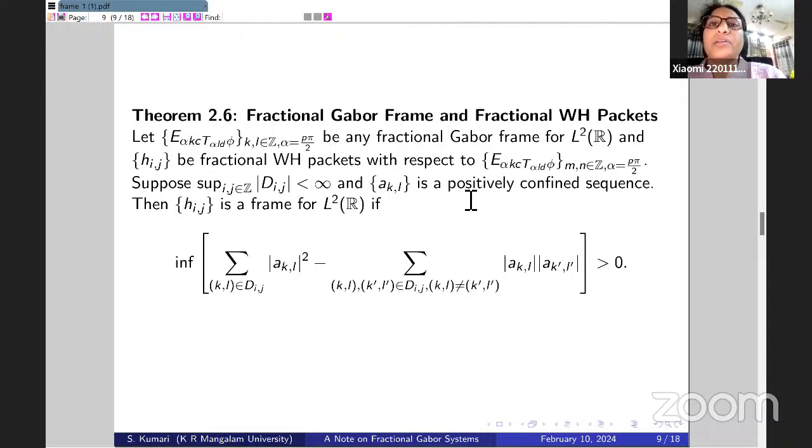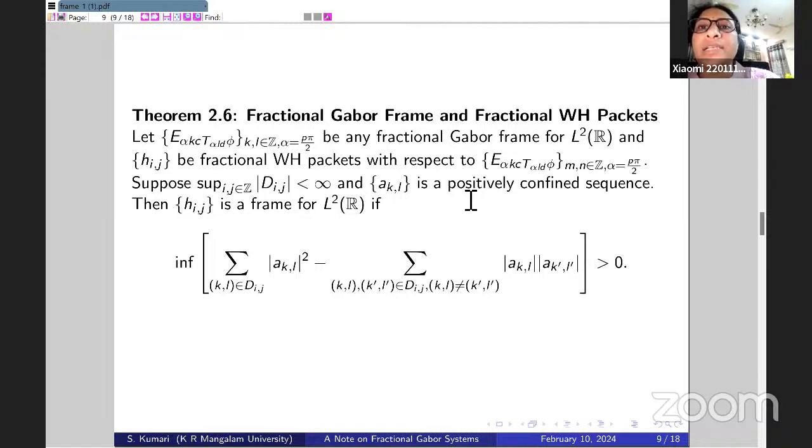So here is a result on fractional Gabor frames and fractional WH packets. Suppose this system E_{αKc} T_{αLd} φ, where K, L are integers and α is pπ/2, is a fractional Gabor frame for L2(R), and H_ij are fractional WH packets with respect to this system. Suppose the supremum over i, j of the modulus of D_ij is finite, and a_{KL} is a positively confined sequence.